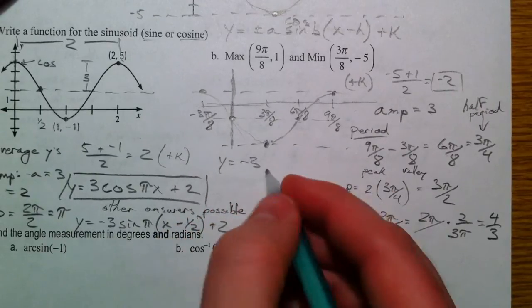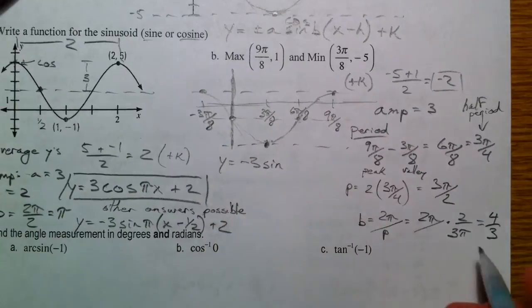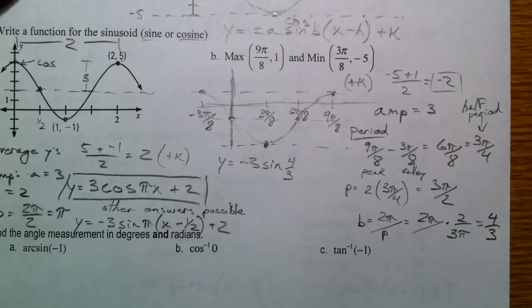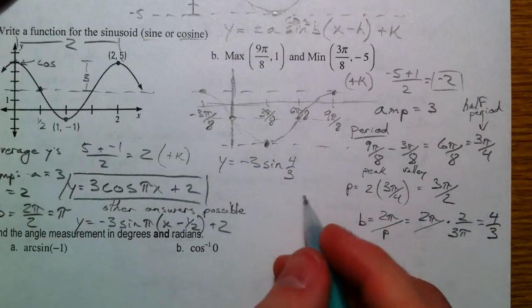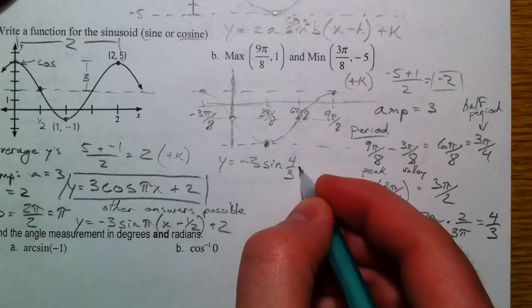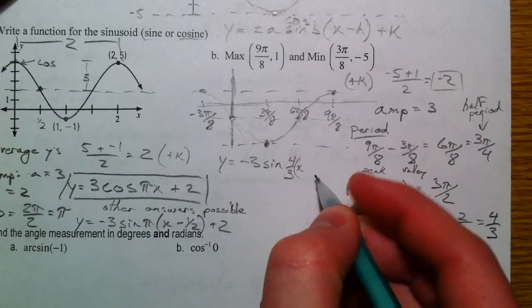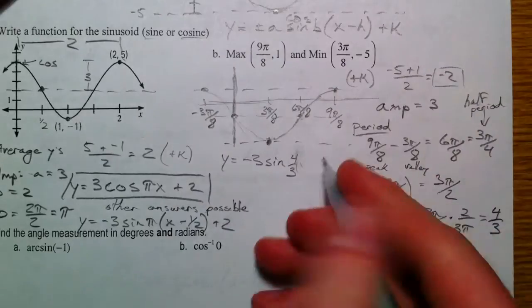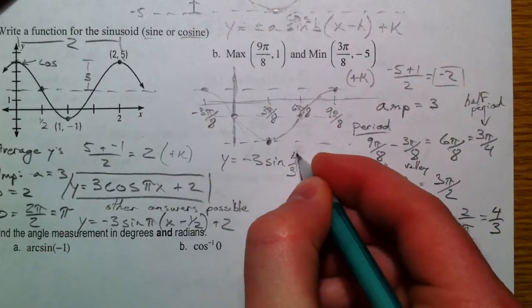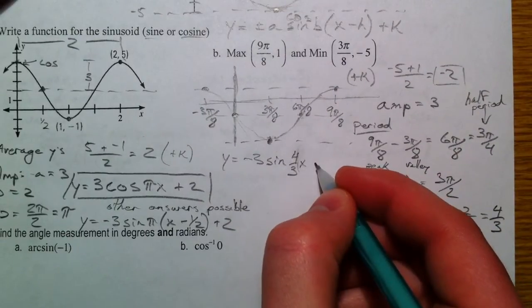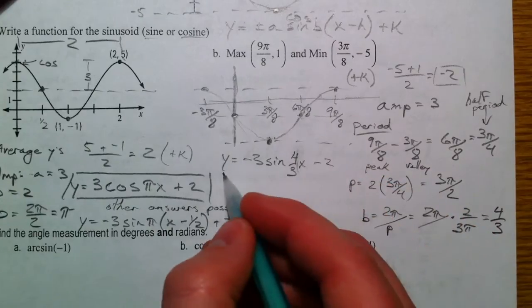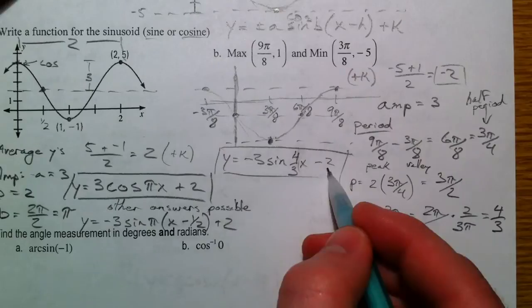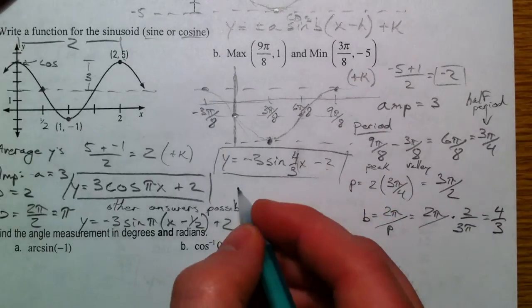Negative 3 is our amplitude, sine of 4/3 x, and actually we don't need to shift it left or right. 4/3 x minus 2, because that was our k value. Centered around negative 2, up and down 3.